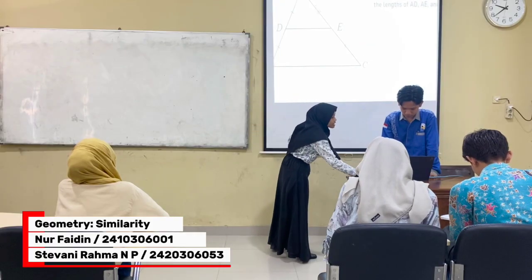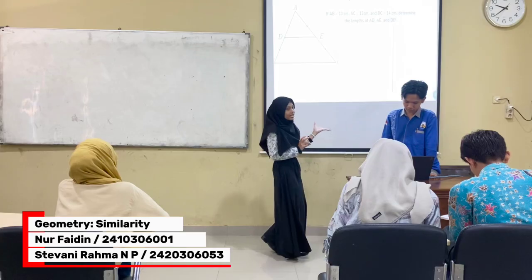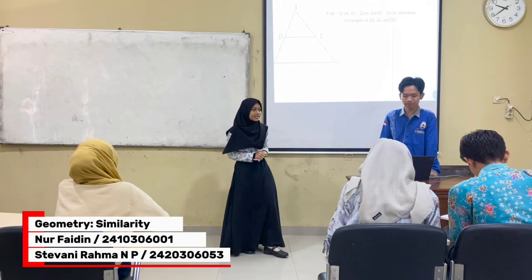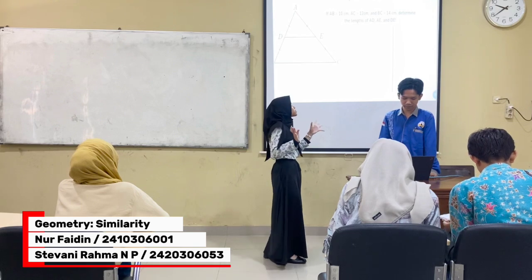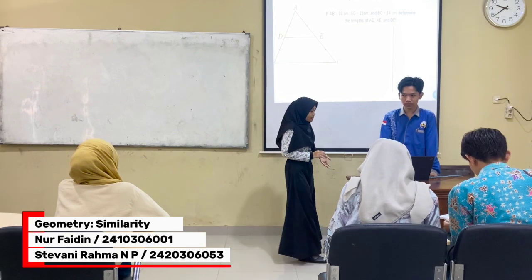So, if AB is 10 centimeters, AC is 12 centimeters, and BC is 14 centimeters, can you determine the length of AE and DE?